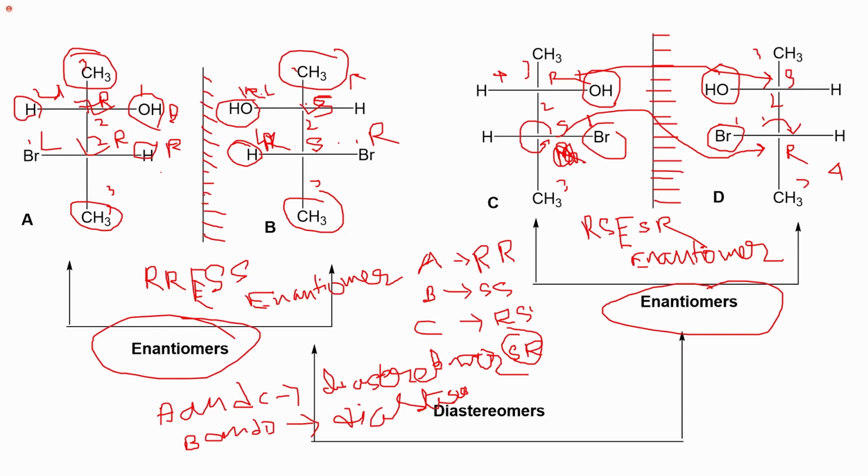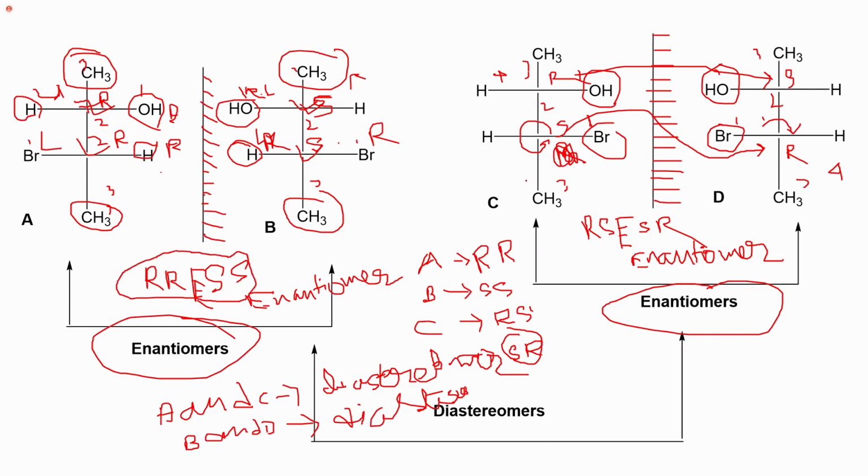So this is the S molecule, and this is also S. So by this, we conclude that this is RR, and this is SS. So here they are enantiomers of each other.